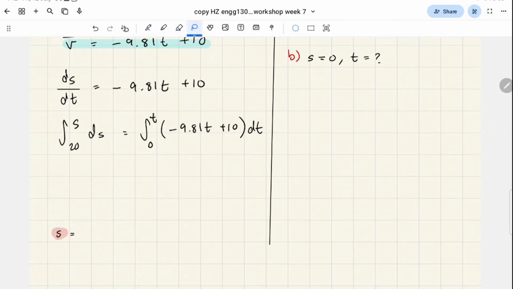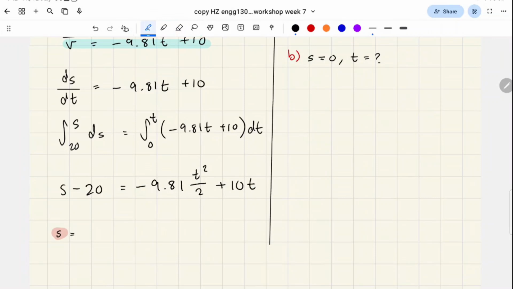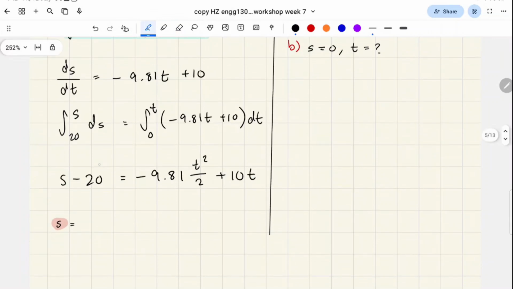Basically, I'm going to skip an extra intermediate step here, but you're going to find this s equals 20, and then negative 9.81 t squared on 2, and add on 10t, right? When we move the 20 onto the right-hand side, we get this.